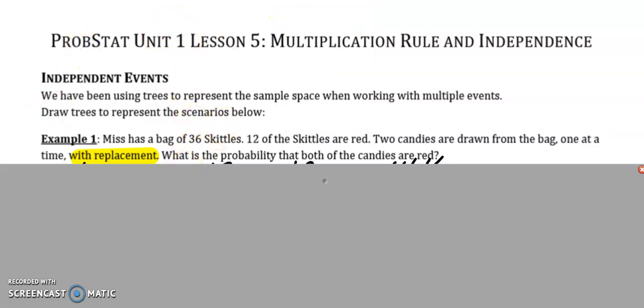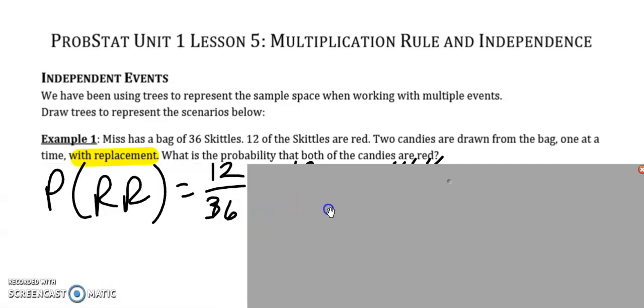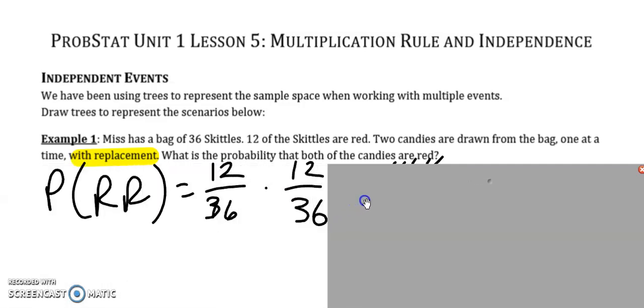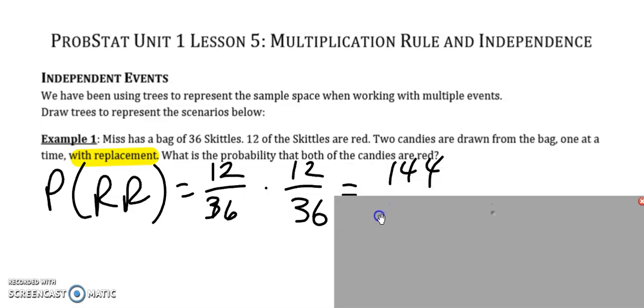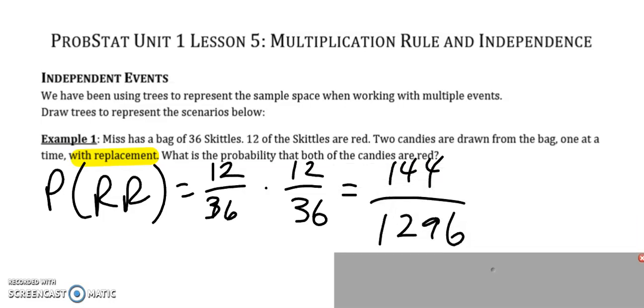So the probability of the first one being red is going to be 12 over 36. And then if I put it back, the probability of the second one being red is going to be 12 over 36 as well. So when we multiply those two things together, that's going to be 144 over 1296.